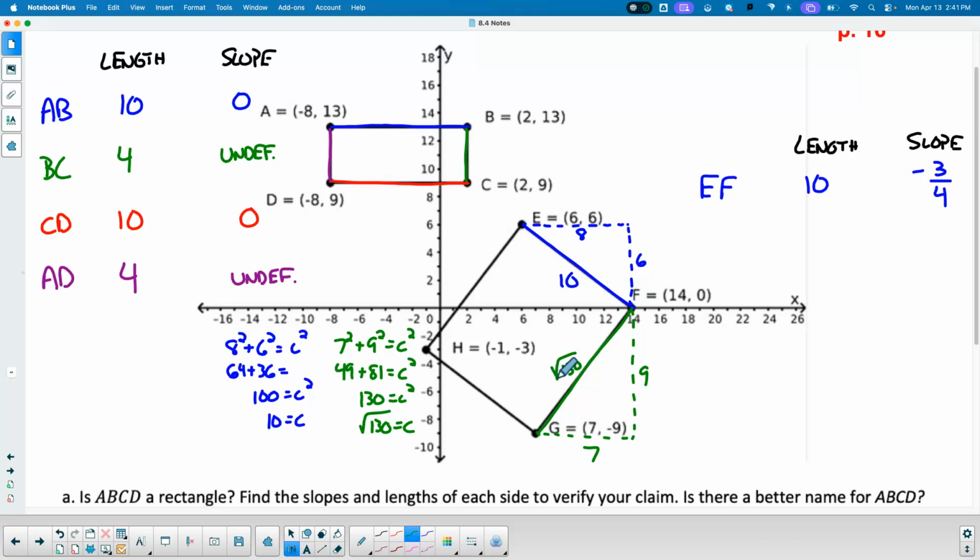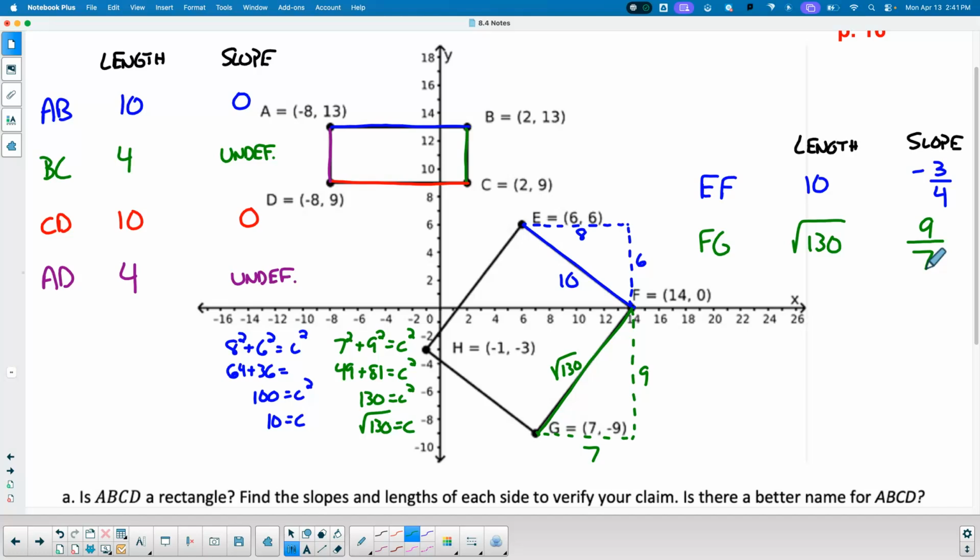So I got FG here is the square root of 130, and that would have a positive 9/7 slope. Yes? Do I have a rectangle?